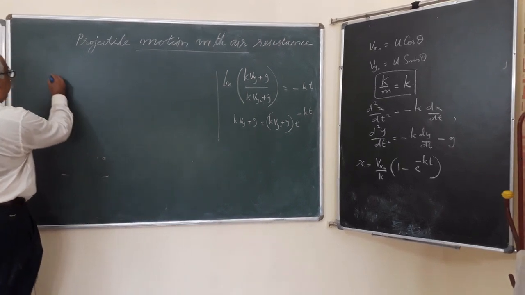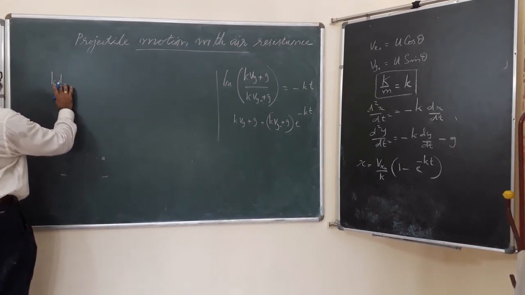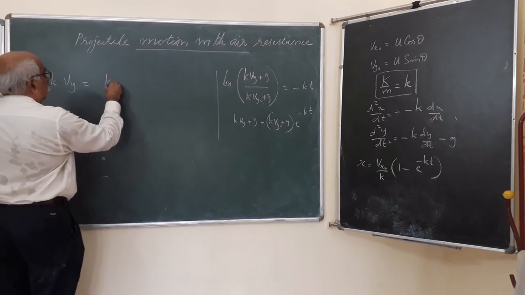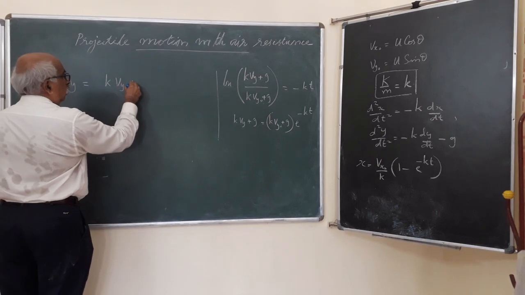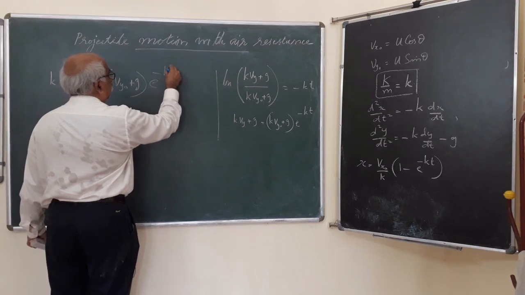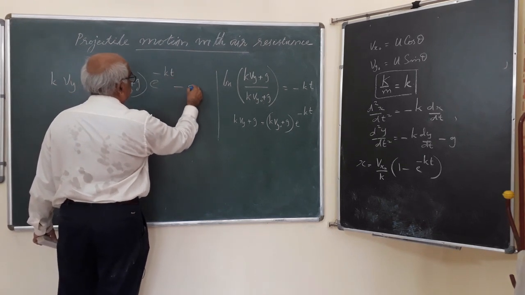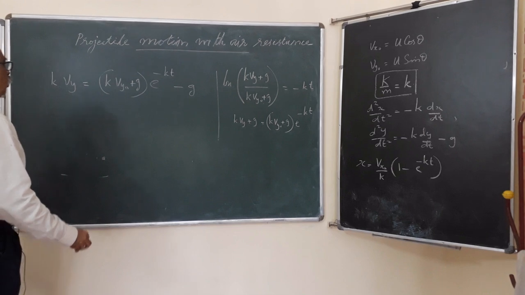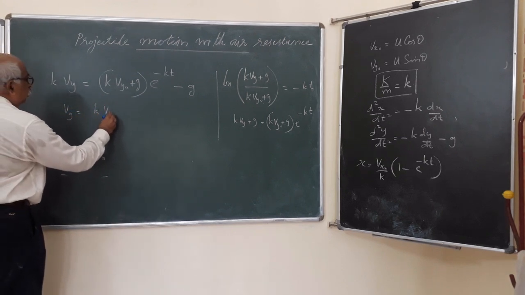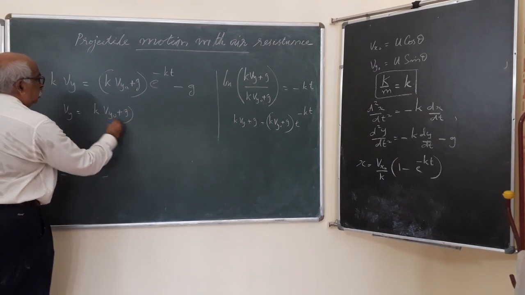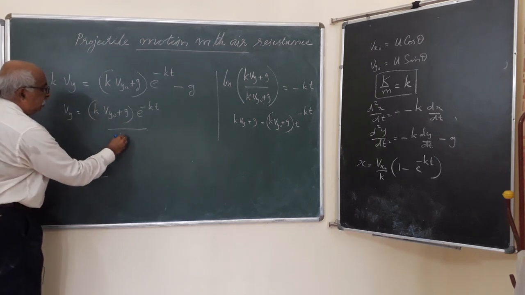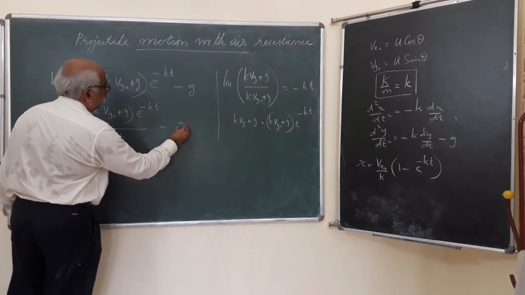So we can write kVy as equal to kVy0 plus g times e raised to minus kt minus g, or Vy is equal to kVy0 plus g times e raised to minus kt divided by k minus g by k.